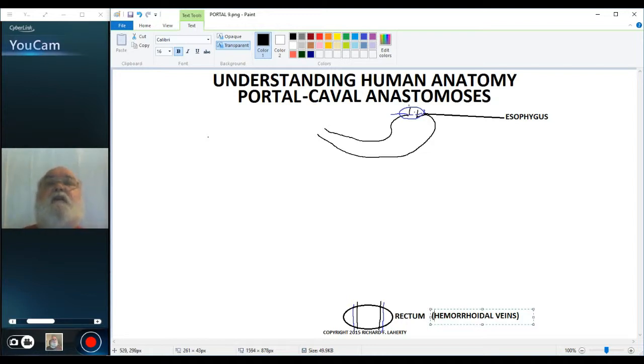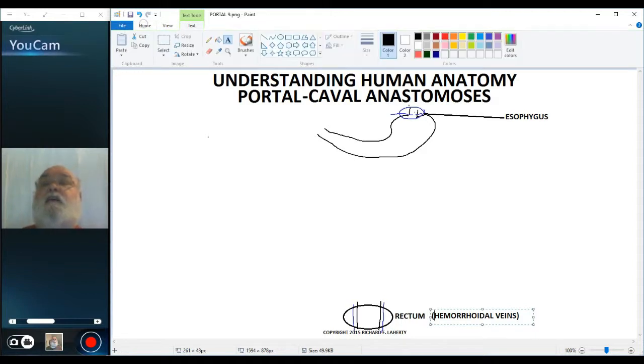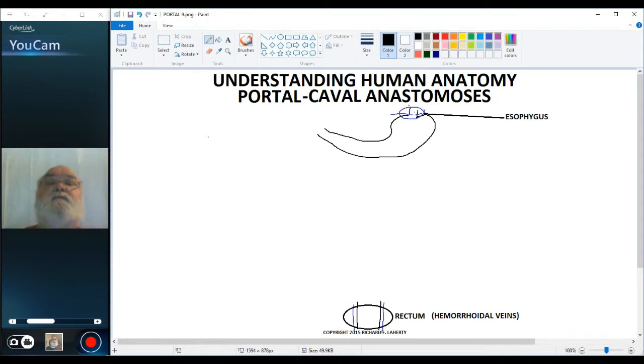Now, other places that receive dual supply from paired and unpaired branches of the aorta and thus are drained both by the portal and caval systems are the organs that are secondarily retroperitoneal.